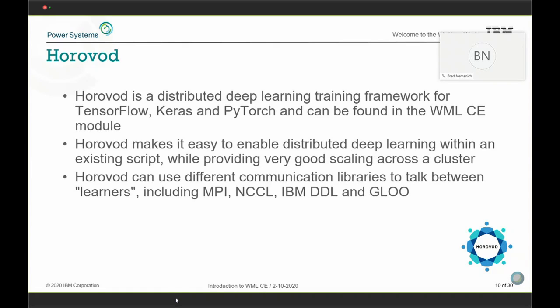Horovod really makes it easy to enable distributed deep learning within a model while providing good scaling across the entire cluster. Horovod can use different communication libraries, including MPI, NCCL, IBM's DDL, and Gloo. On Summit, it's built to use MPI, NCCL, and IBM DDL.